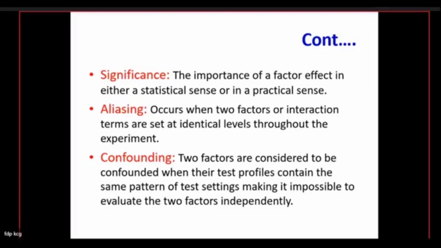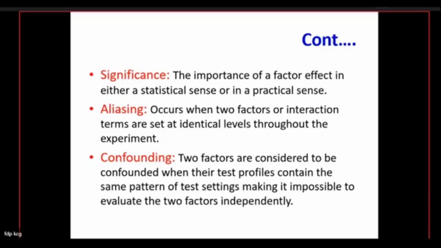Aliasing is another terminology used in experimental design. When any 2 factors or interactions are set at an identical level throughout the experiments, then these 2 factors or interactions are aliased with each other. Confounding factors are another terminology essential to understand before designing experiments.